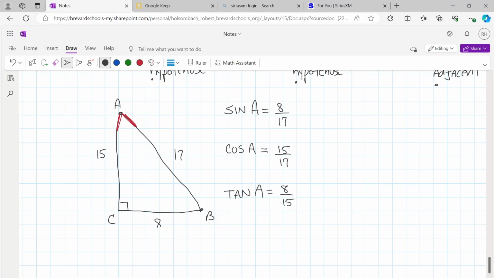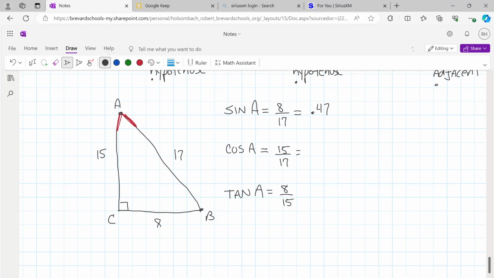And then we can take all of these ratios, we're rounding them to the nearest hundredth, so we can set our calculator to second fix 2. And then we're just going to take 8 divided by 17, which is 0.47.